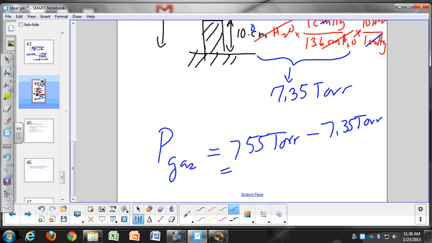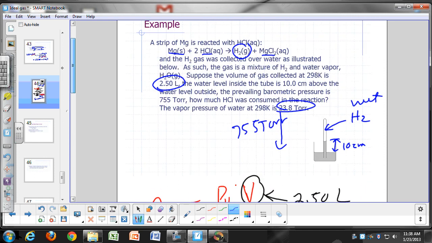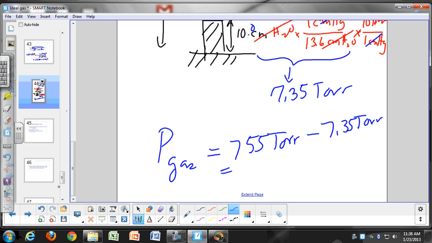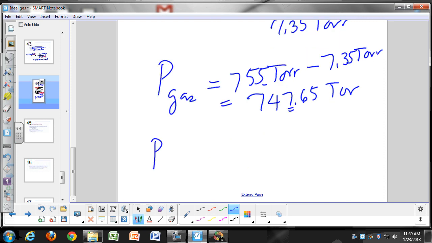What's 755 minus 7.35? 747.65. Keeping in mind that 7 is my last sig fig right there, I only have 3 sig figs in my 755 torr. What's the partial pressure of hydrogen?